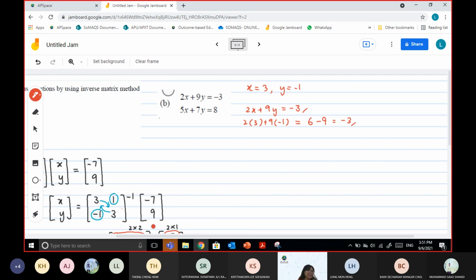Okay, can I have a student to show me the solution? Jingyan, can you post your solution? Okay, let's wait for Jingyan's solution.